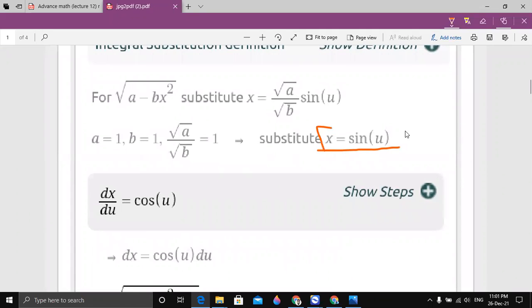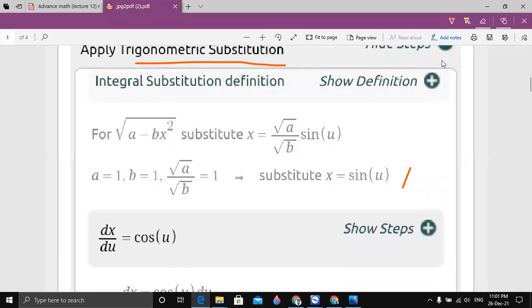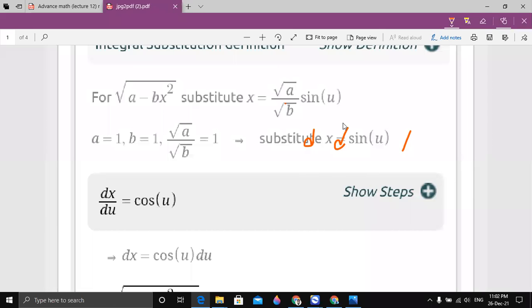If I differentiate on both sides here, dx and d sine u, so d du of x, that means dx du, will be cos u.